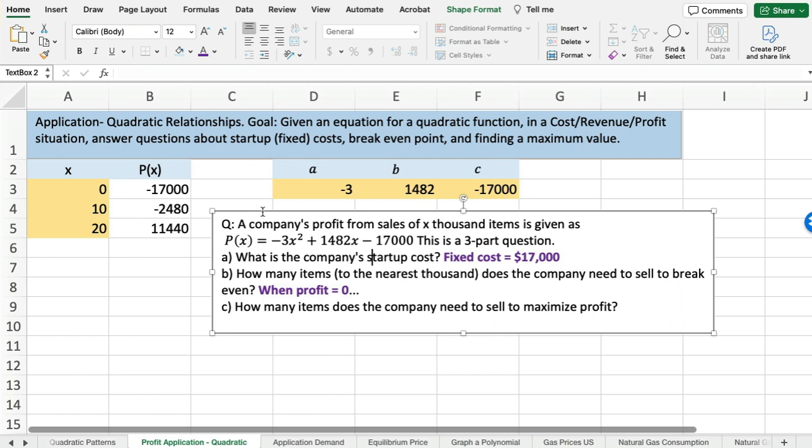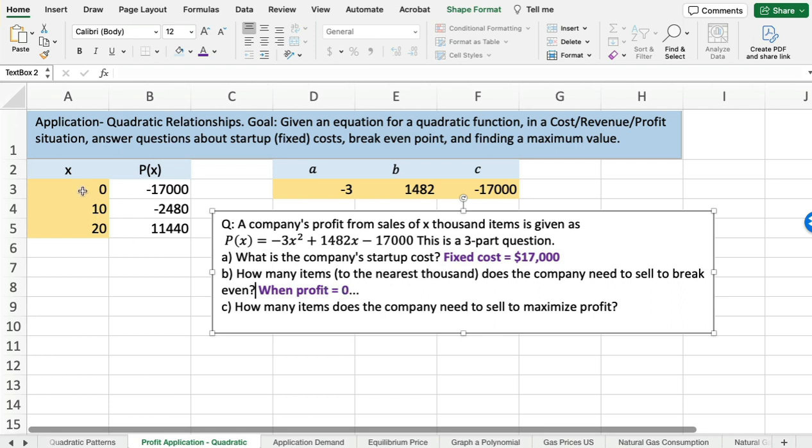But to answer the second question, we will need to do some calculating, because when it says how many items to the nearest thousand does the company need to sell in order to break even? Well, the meaning behind that is we're looking for a place where the profit equals 0, or at least as close to 0 as possible.